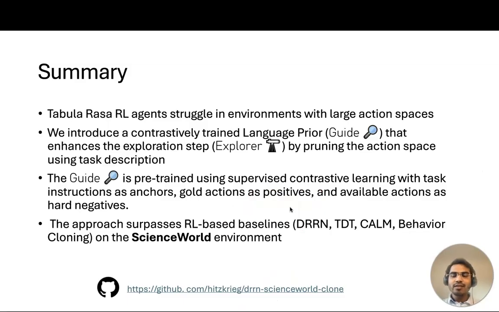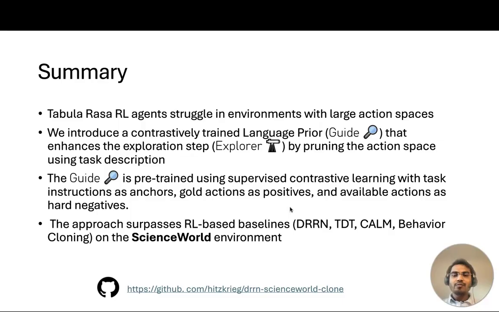In summary, tabula rasa RL agents struggle in environments because they have large action spaces and sparse rewards, hence learning by trial and error can be very difficult. Thus, we introduce a language prior called the guide, which helps these RL agents to explore in a much more informed manner. The way the guide helps the explorer is by pruning the action space using the task description.